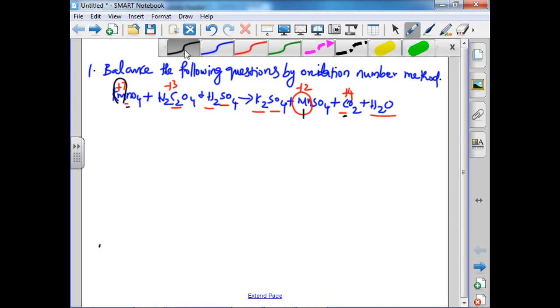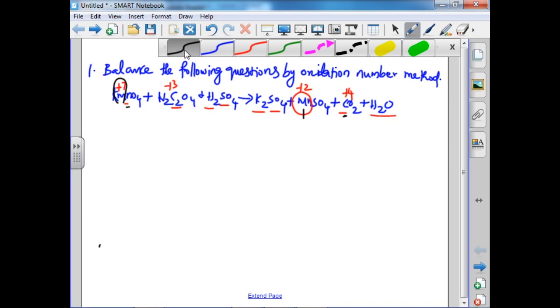Third step, cross multiply, because the total number of electrons lost is equal to the total number of electrons gained. We equate the number of electrons by cross multiplication of the respective formula with a suitable integer on the reactant side.